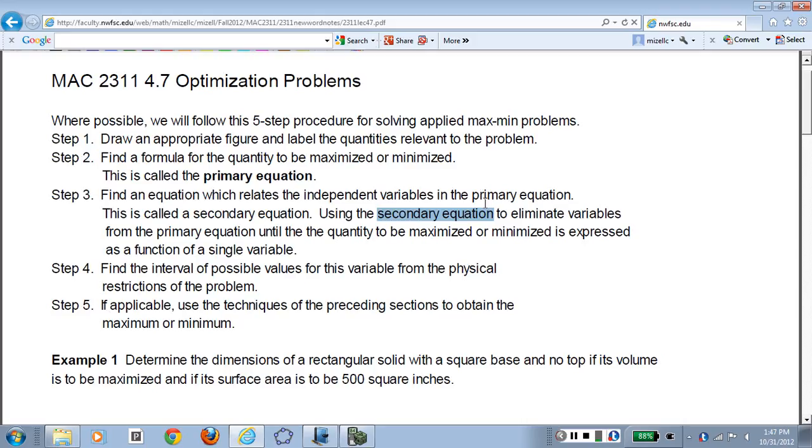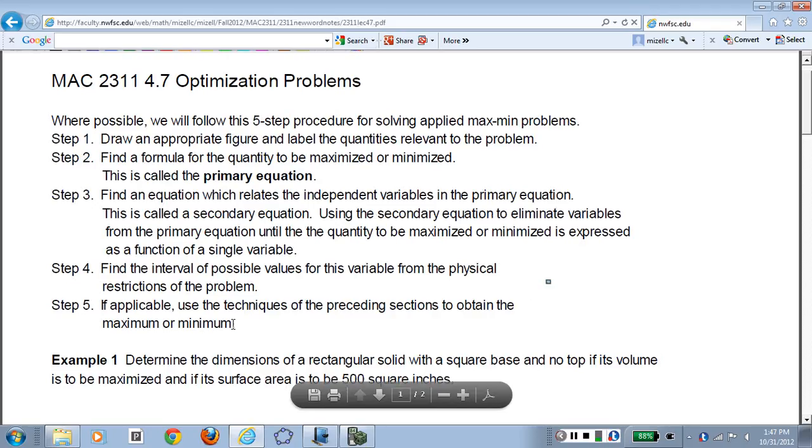Take that expression, substitute it for that variable in the primary equation, and get it down to one variable. So we have the quantity to be optimized as a function of one variable. Then we can apply one variable calculus to it. Take the derivative, look for critical numbers, and then use the techniques of the previous section.